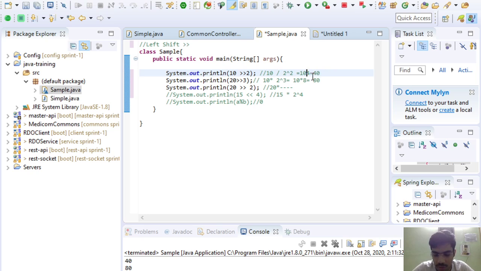Then it divides by 4. 4 means how many 2s? 20 by 4. Right, 20 by 4, equal to 5. Let me run this.